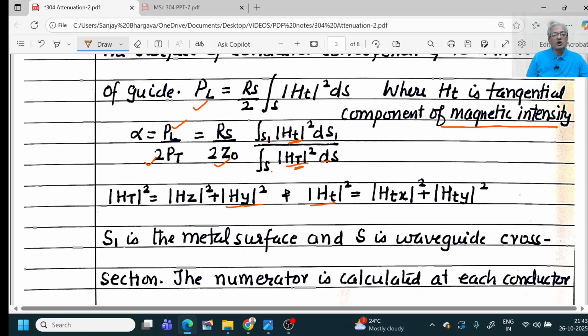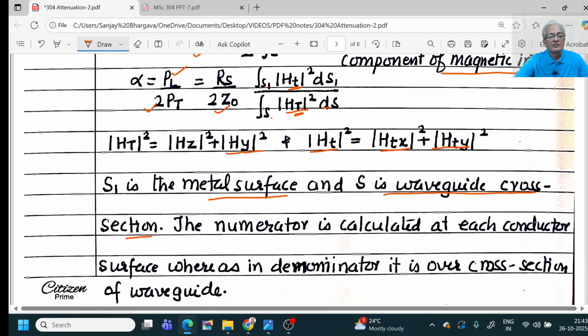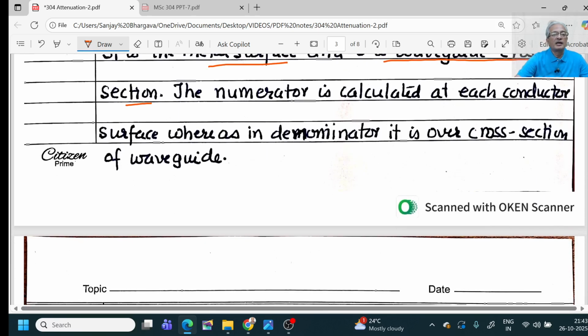Similarly, the tangential component |Ht|² would be equal to |Htx|² plus |Hty|². S1 is the metal surface and S is the waveguide cross section. The numerator is calculated at each conductor, while in the denominator it is over the cross section of the waveguide.